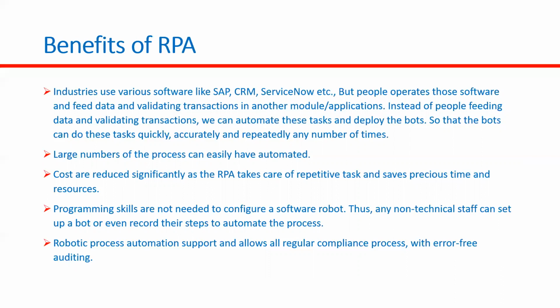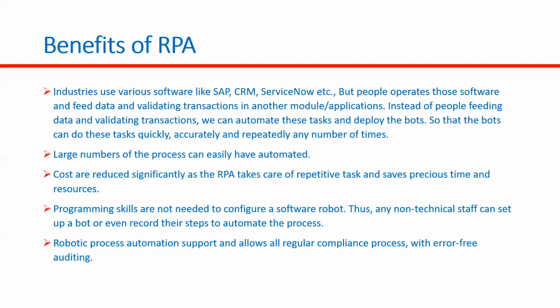Instead of people feeding data and validating transactions, we can automate these tasks and deploy bots, so that the bots can do these tasks quickly, accurately, and repeatedly any number of times. So this is the main benefit of RPA.